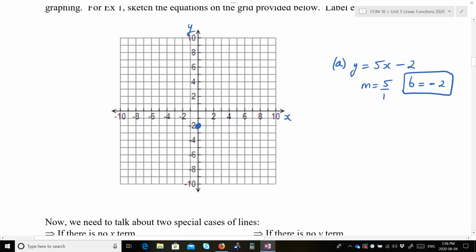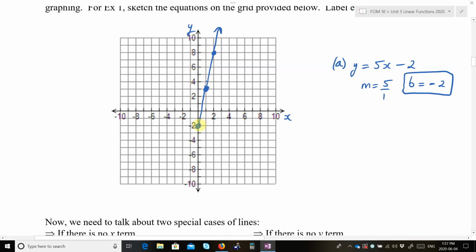And then you do the rise over run from this negative 2 y-intercept. So the rise is 5 and the run is 1. So you just go 1, 2, 3, 4, 5 up and 1 to the right. And that's how it will draw out the line for us.